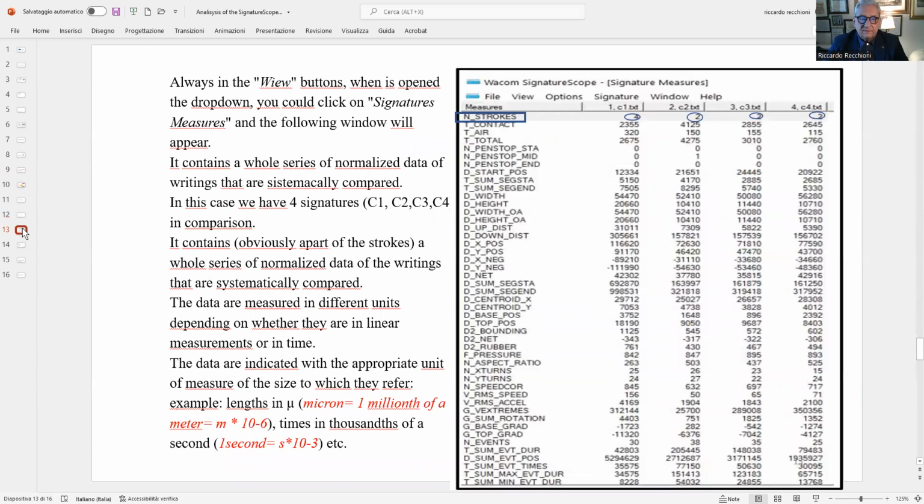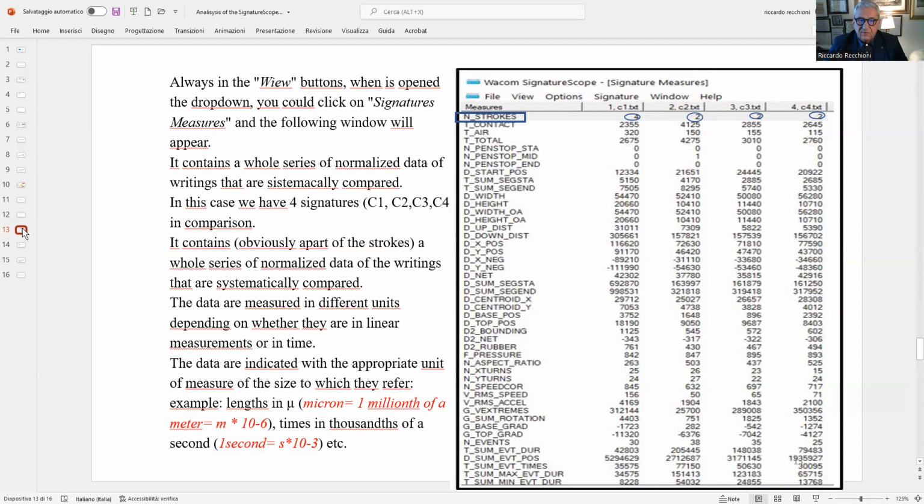Always in the View button, when the drop-down is opened, you can click on Signature Measures and the following window will appear. It contains a whole series of normalized data of writing that are systematically compared. In this case, we have 4 signatures, C1, 2, 3, 4, in comparison.